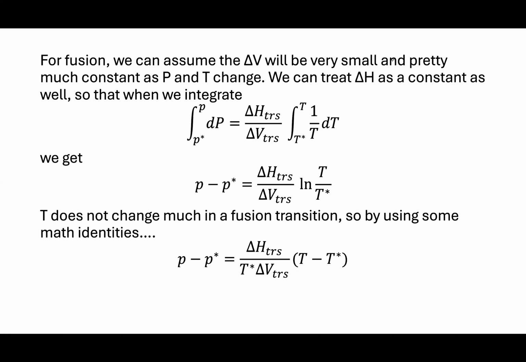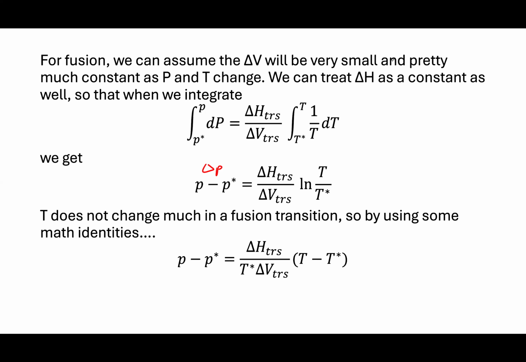If we integrate both these sides with respect to their different variables, dP going from an initial pressure to a final pressure is going to be the difference, or delta P, basically. This is basically delta P of our vapor pressure here.